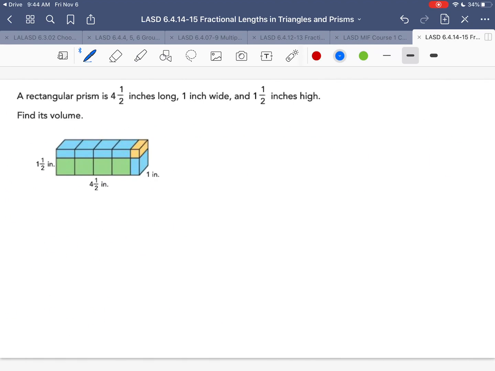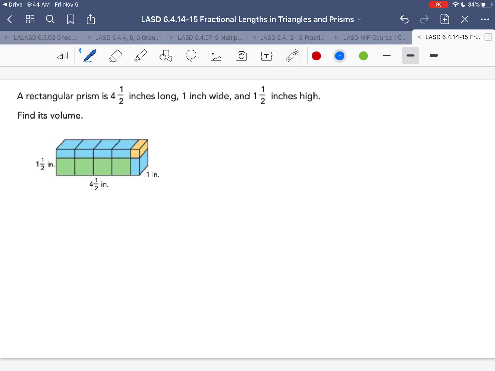Next, we're asked to calculate the volume of a rectangular prism, and the model is already drawn here, so I don't need to draw it, but I do want to write my formula, which I would use for calculating the volume of a prism.